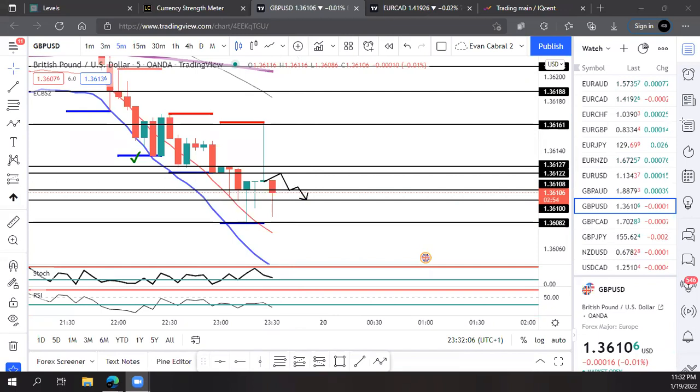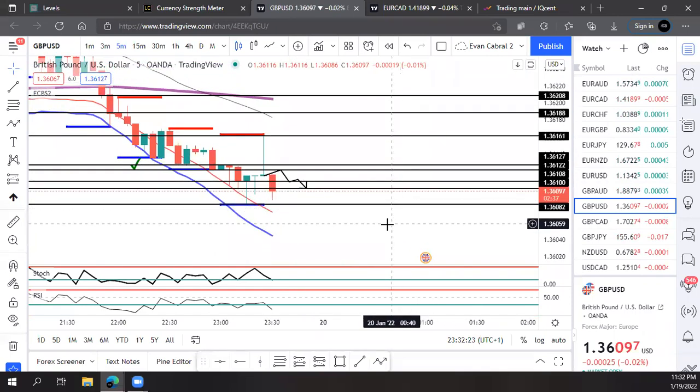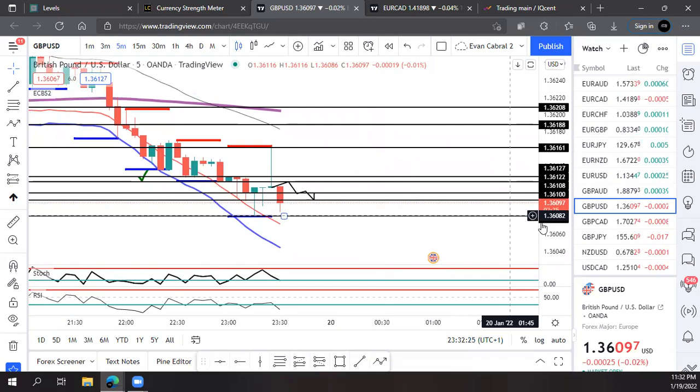All right, but basically markups: stochastic, RSI, your arrow on Hourglass, whatever. You can still just mark up and make a lot of money for yourself. Trust me, you can still just do your markups and follow your currency strength meter. You already know what to do.